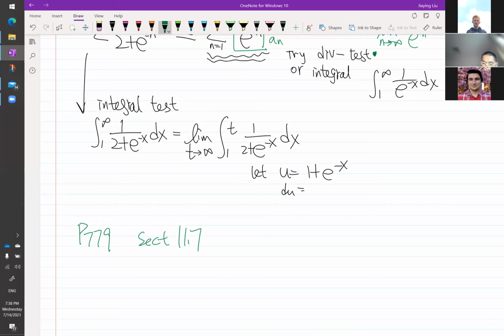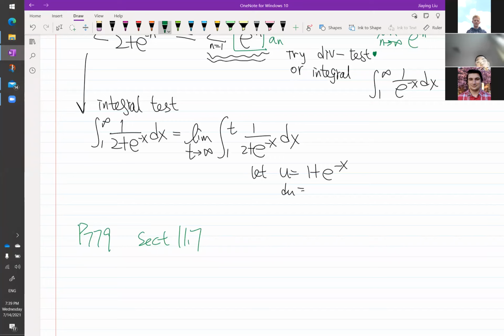The first one, usually the easiest one, will be the divergence test. Then if you see something where you can use the p-series test, use the p-series test. If that doesn't work, look for geometric series patterns. If you don't see that pattern, try the comparison test, and so on. If not, maybe try the integral test at the end.